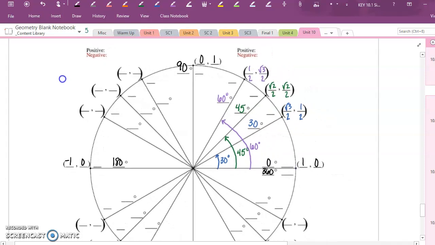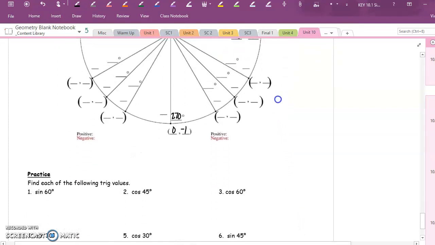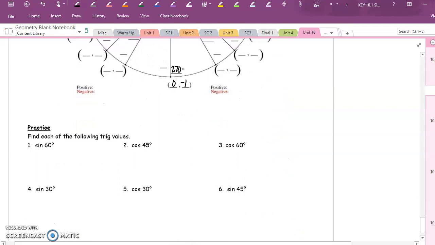Now, we learned above that my ordered pair goes cosine theta comma sine theta. So using this, I can figure out these 6 answers. I would suggest taking a second to pause the video and write down these 6 problems. So we're about to go through them.